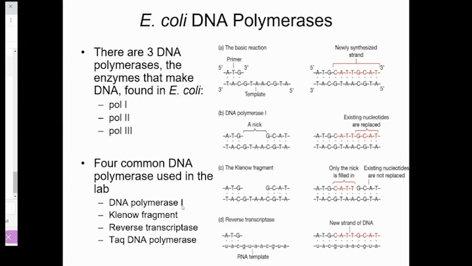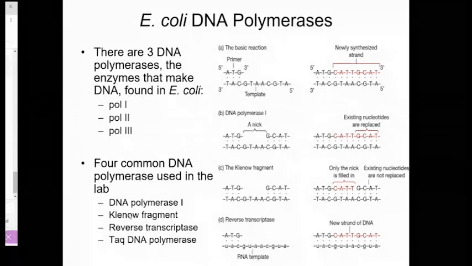DNA polymerase 1 is a regular polymerase that can synthesize a DNA fragment. If there's a nick, it can synthesize and also replace the existing nucleotides, keep bringing in newly synthesized DNA strand.